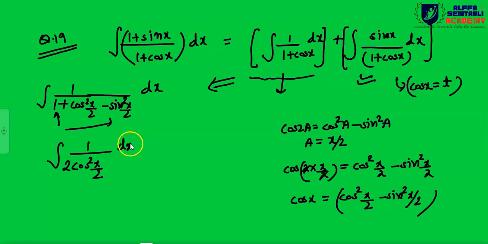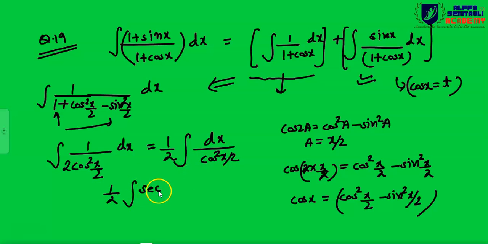dx. Now 1 by 2 is a constant, it can be taken out of the integration. So this will be dx upon cos square x by 2. Taking the reciprocal, this can be written as sec square x by 2 dx. Now this is very easy to solve.